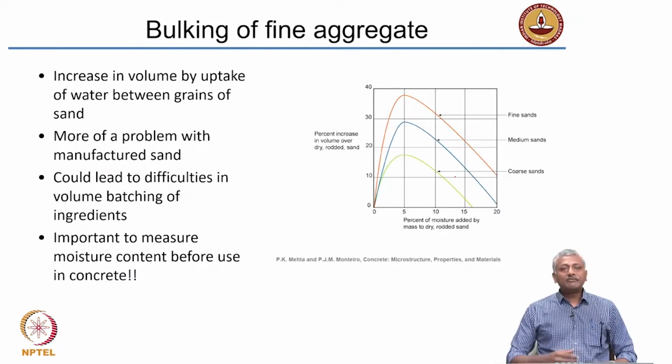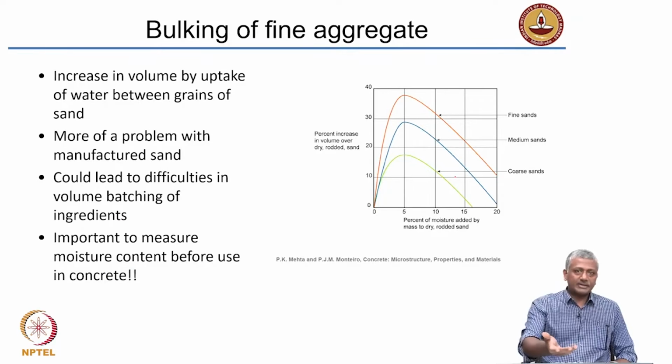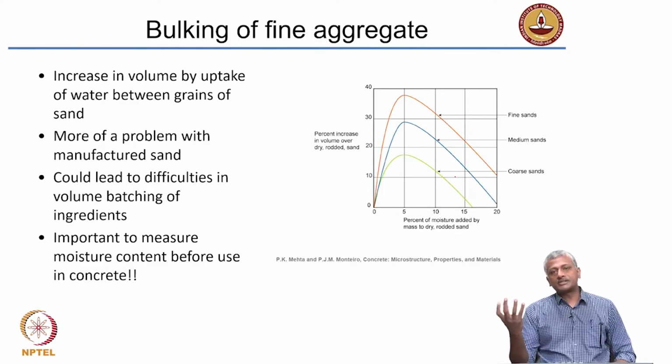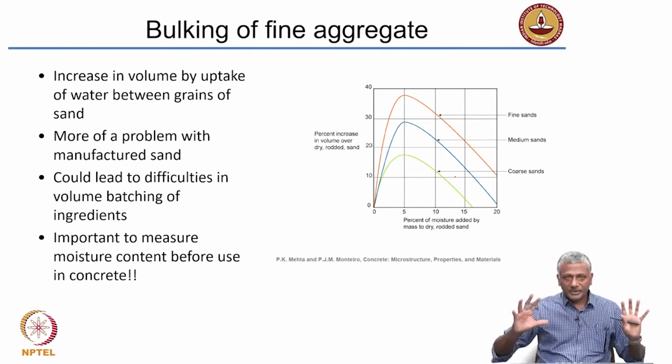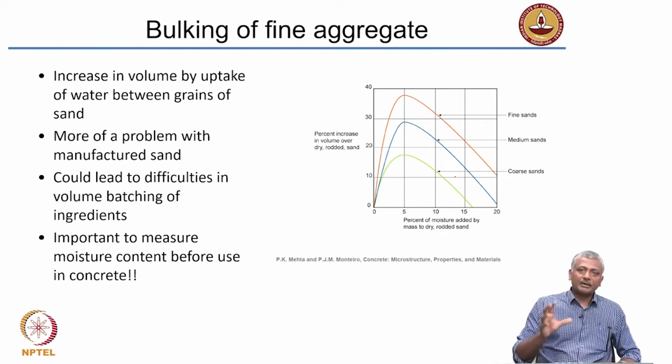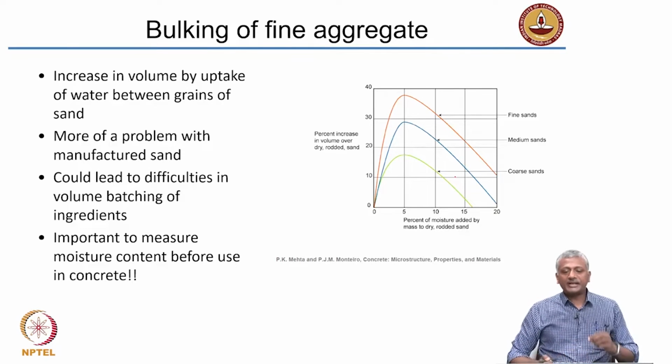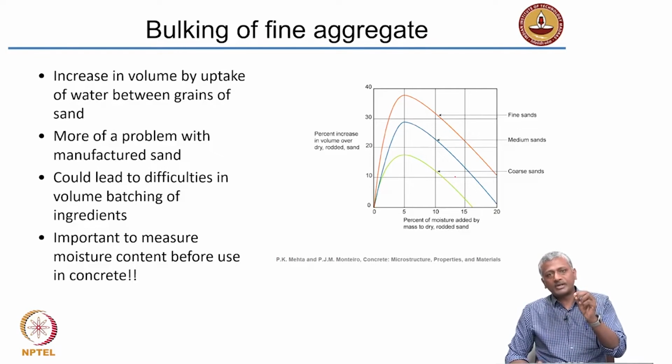Now, when you leave out sand or stone, as we already talked about, stone starts absorbing moisture and then there is a film of water that clings to the surface of the stone. In sand, of course, it is very difficult to see each individual grain, but if you take a look at sand as a volume, what will happen is the fine sand is usually getting packed with some small voids inside.